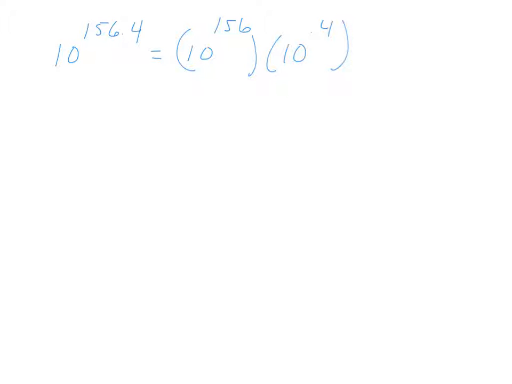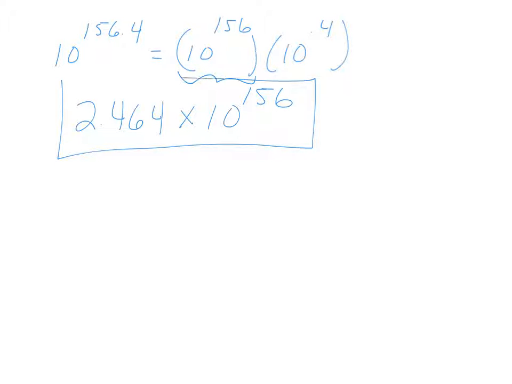I simply raise 10 to whatever 156.4 with that decimal minus 156 is, and I got 2.464. So 2.464 times this, which was left, 10 to the 156th power. There we go. That's our answer.